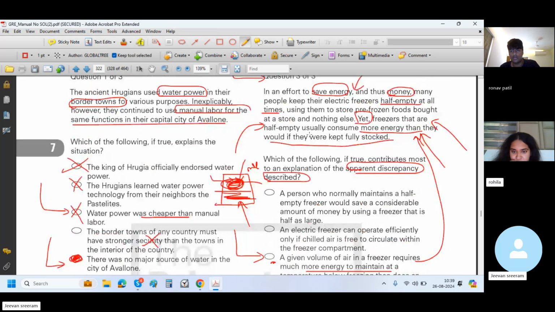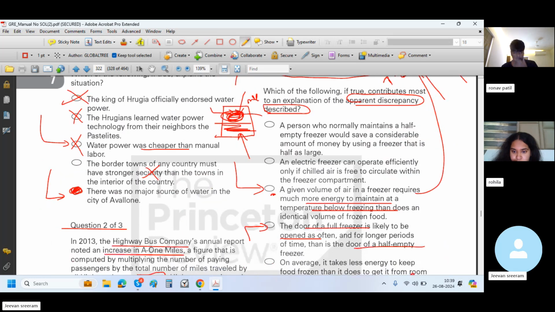What he's saying, fully stocked means less energy, right? Okay, full freezer opened frequently, more energy required.